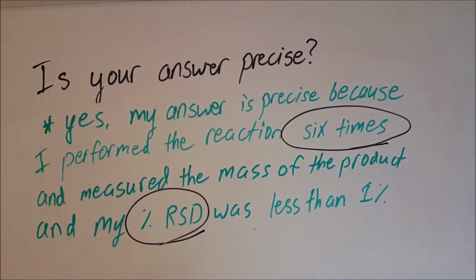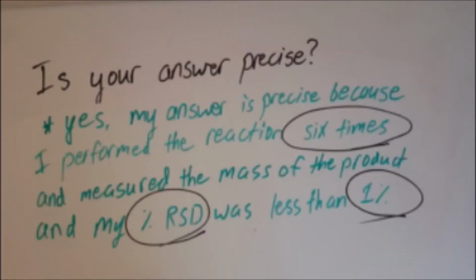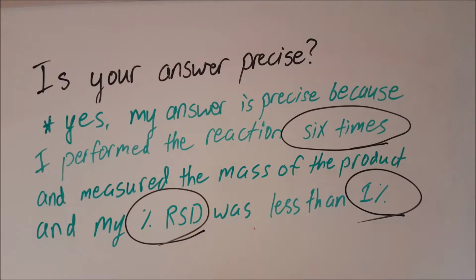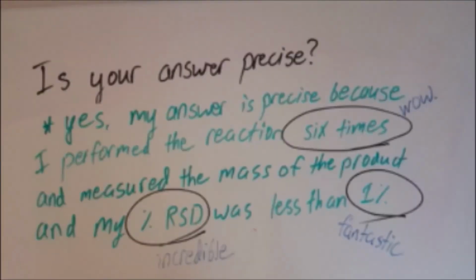This is a good answer because the term precise was used correctly and the experiment was repeated many times and a similar answer was produced. It is also a good answer because this person backed their answer up with some statistical analysis. It is an argument for why the answer is precise, which is excellent.